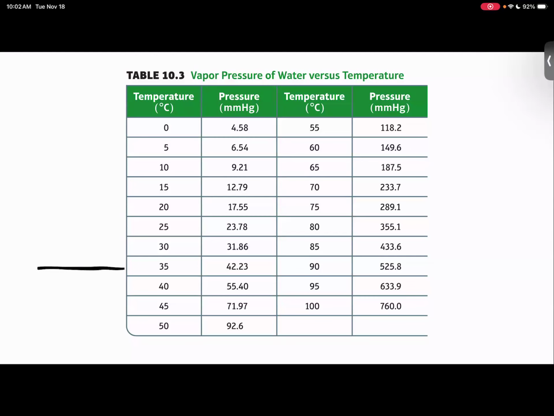That's why as you increased the temperature, you increase the pressure of the water vapor. Now, yesterday, the table was given to you in torr, but I could have looked it up in millimeters of mercury as well. It's all dependent upon what I need.